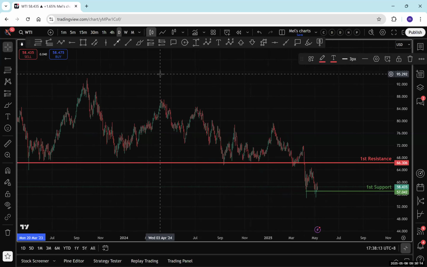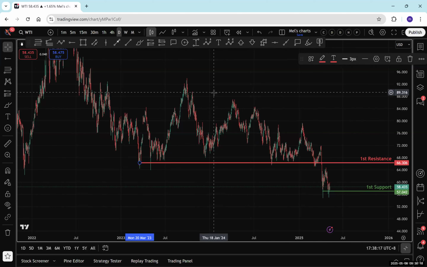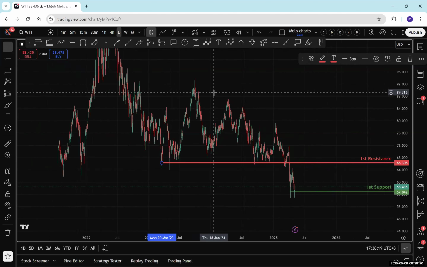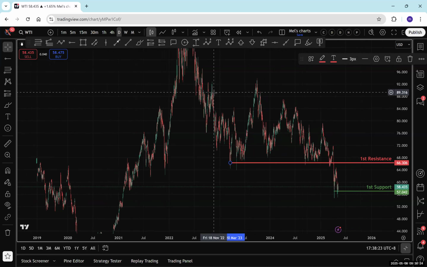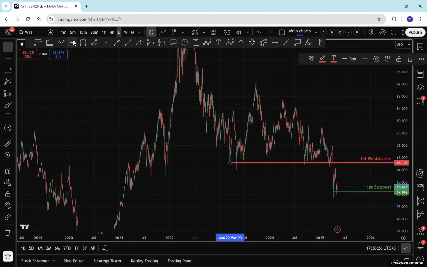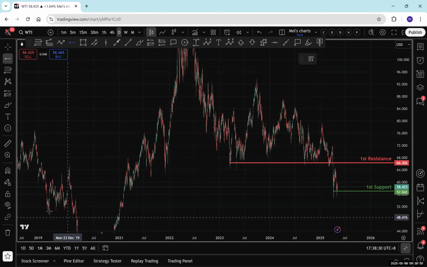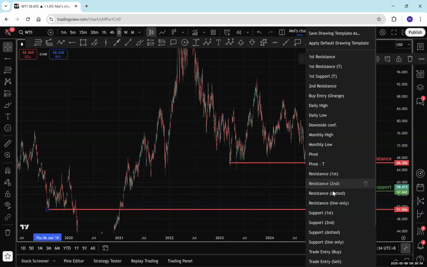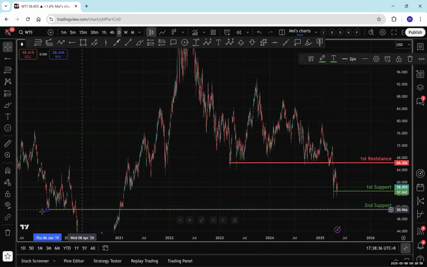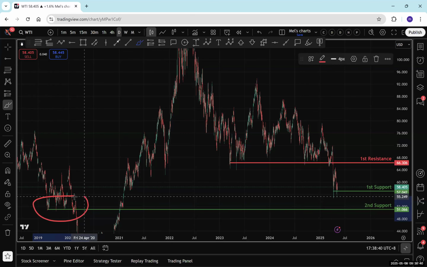Now going in with our Fibonacci levels so that we have a level of reference for our second support. I'll just place our second support here, because you can see it's in line with a bunch of swing lows.